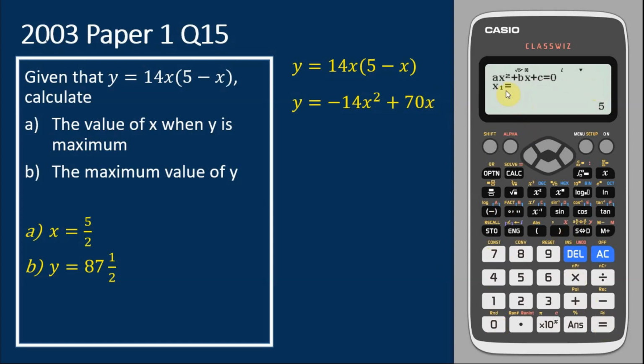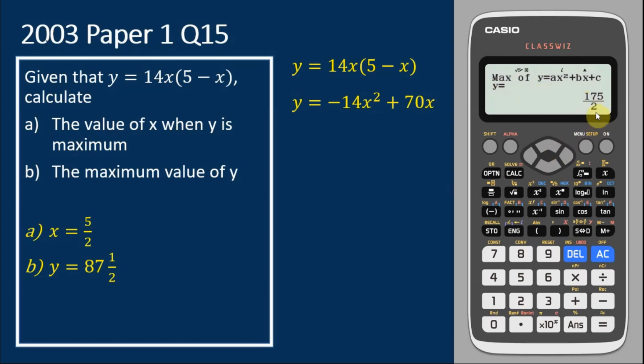Now it shows the roots. The roots are not important for us here. What we want to know is the maximum or minimum point. So let's use the down cursor key to go to the maximum value of y. From here we can see that for the maximum value of y, x is equal to 5/2. So 5/2, that's correct. And then the maximum value of y is 175/2.